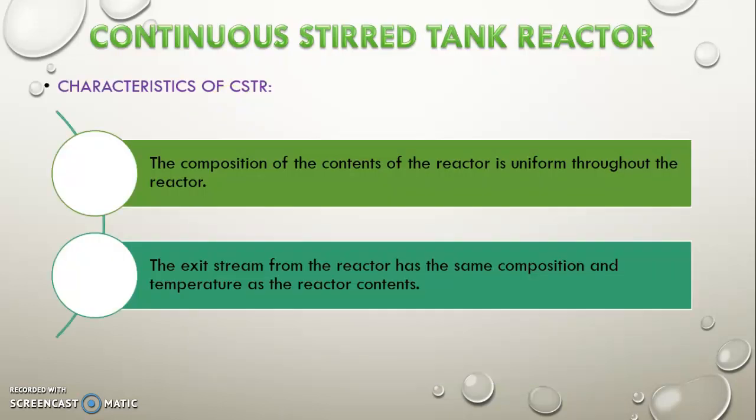So the characteristic of CSTR: the composition of the contents of the reactor is uniform throughout the reactor, and the exit stream from the reactor has the same composition and temperature as the reactor content.